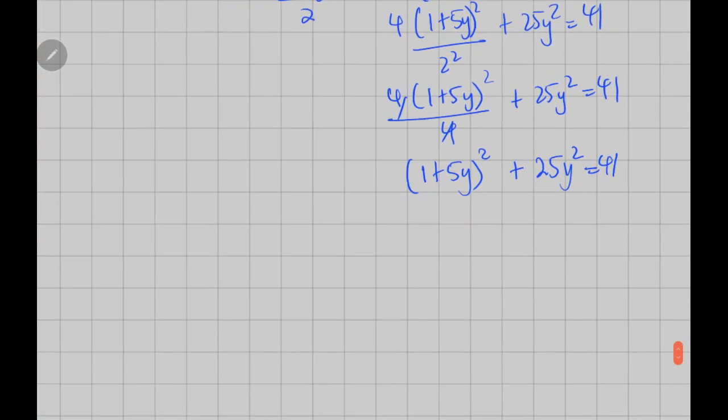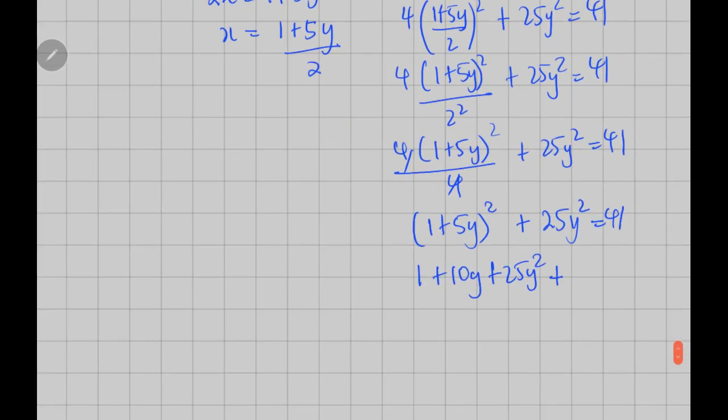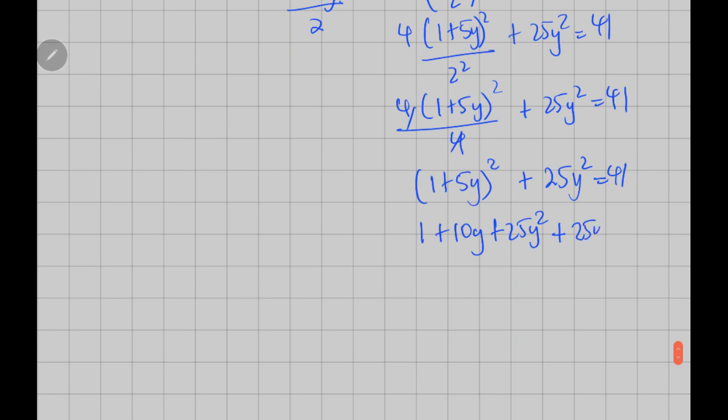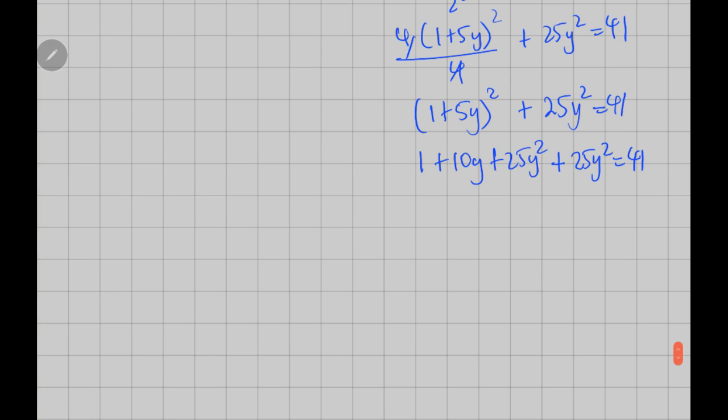So what do we get if you expand this? We get 1 squared is 1, 2 times 1 times 5y is 10y, and 5y squared is 25y squared. So 25y squared plus 25y squared is 50y squared, plus 10y plus 1.